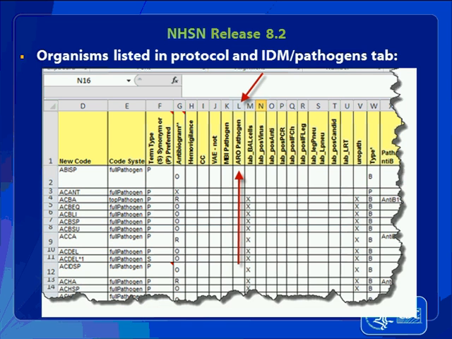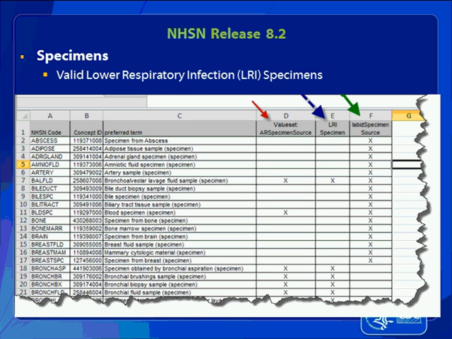This is a screenshot of the IDM. You'll see column L, where the arrows are, has been added for the ARO pathogens. So there's your list of the valid pathogens you can report for AR. There's another screenshot.